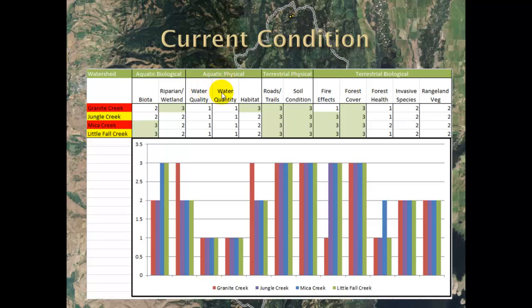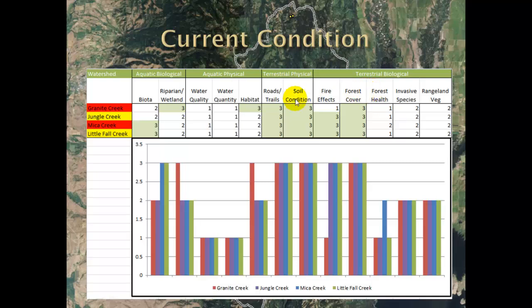Aquatic physical has three different indicators: water quality, water quantity, and habitat. Terrestrial physical has two important indicators: roads and trails, and soil condition apart from roads and trails. And then the fourth process is terrestrial biological, and there are five different indicators.